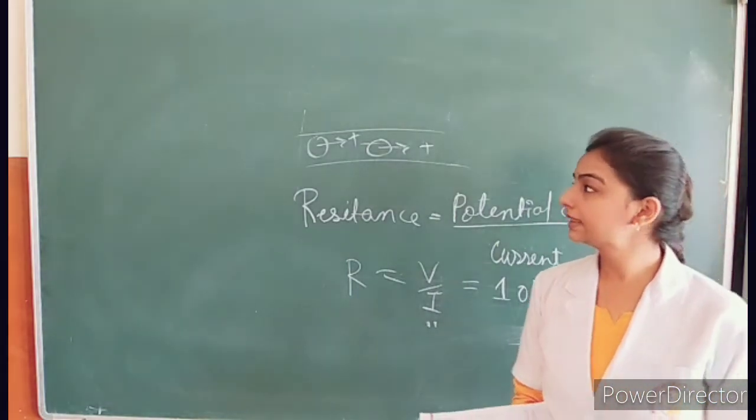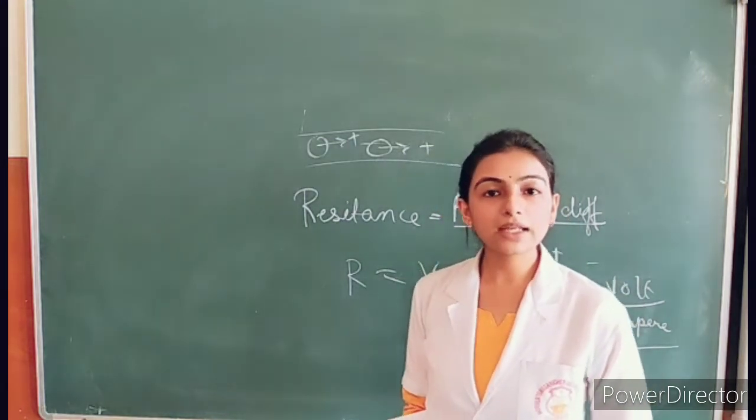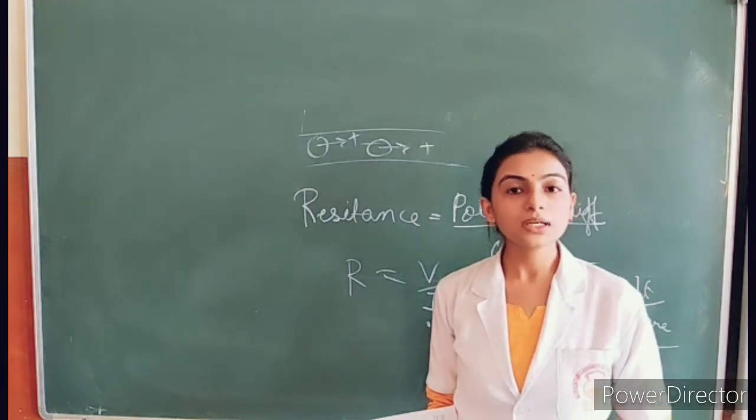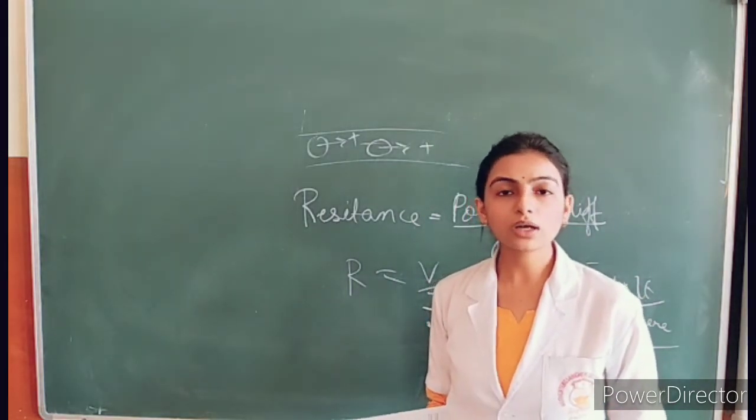So basically, what is the material of the conductor? If it is a metallic conductor, then the flow of free electrons is smooth or comparatively high.